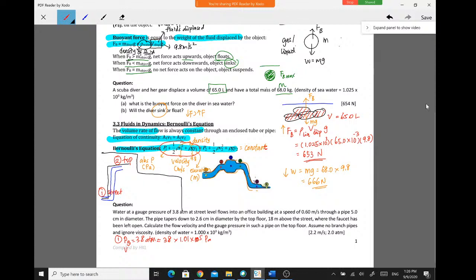Speed V1 is 0.6 meter per second. The diameter of the pipe, D1, is 5 centimeter.